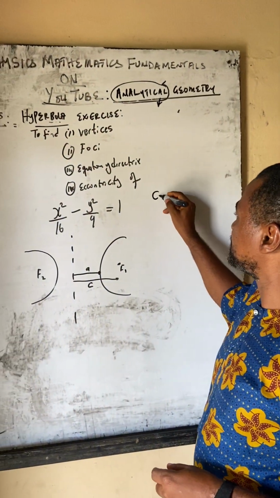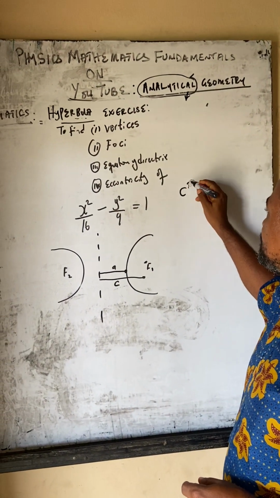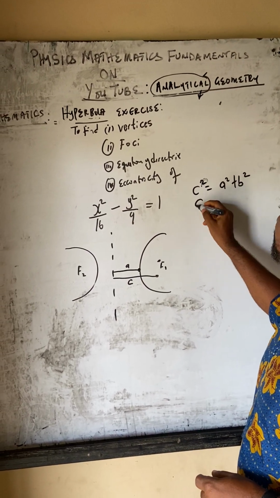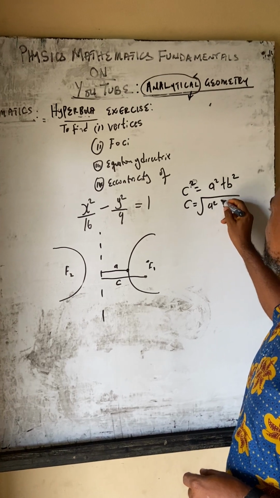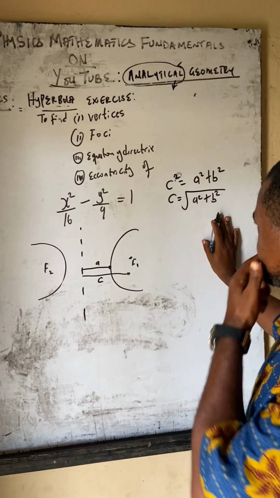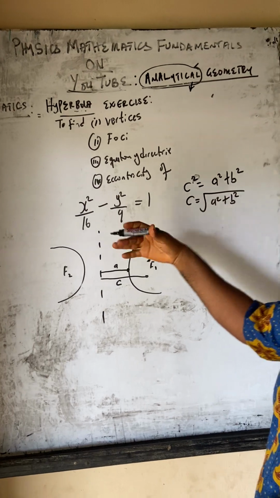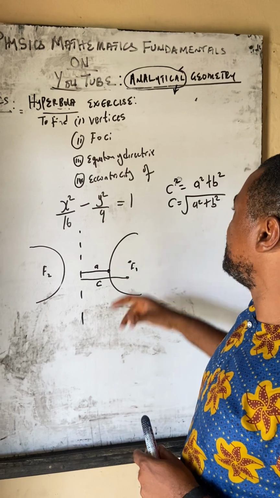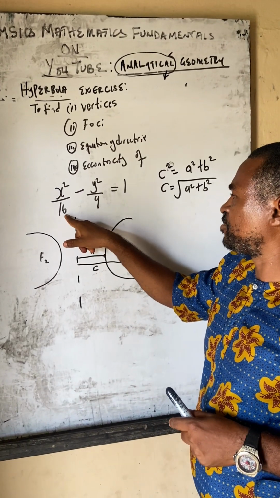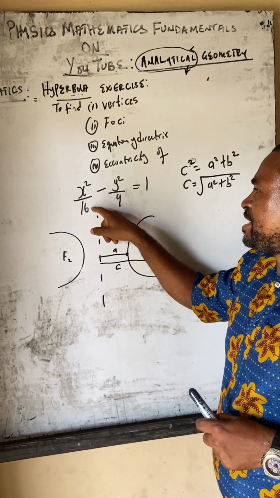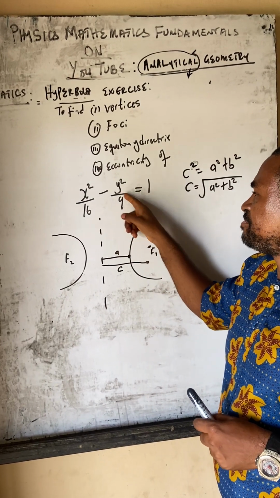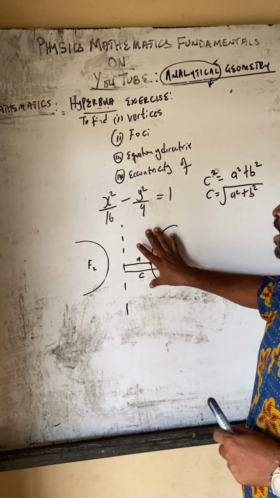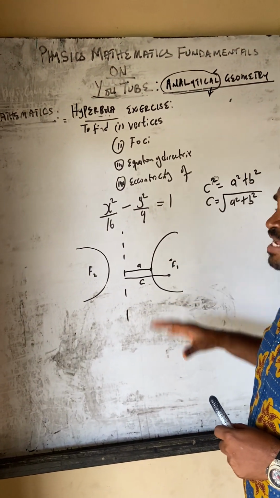The relationship between those parameters is c squared is equal to a squared plus b squared, which means c is equal to the square root of a squared plus b squared. So we are talking about the major axis and the minor axis. If a is greater than b, then that particular hyperbola is along the x-axis.